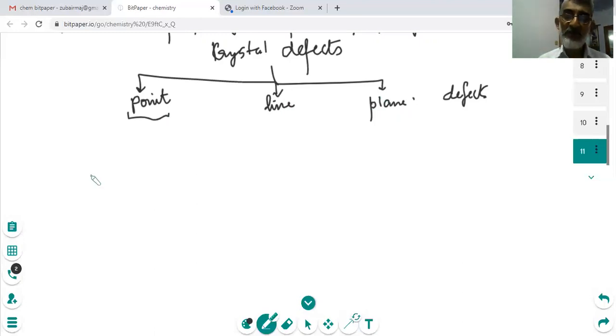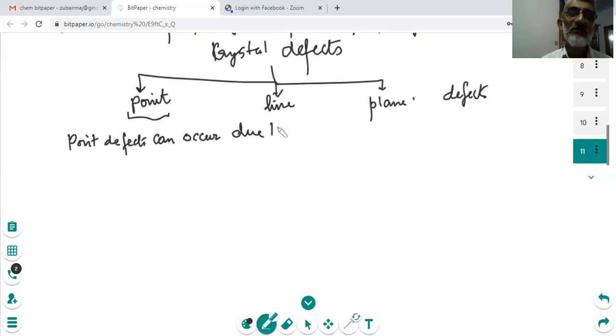Now, point defects can occur due to different factors.